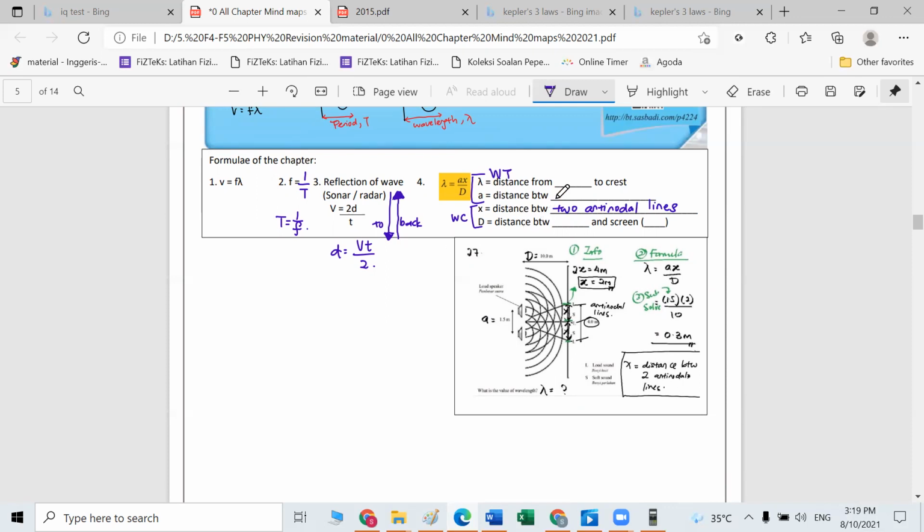Wavelength actually is the distance from crest to crest. If this is a wave, this is crest, this is crest. Crest to crest will be lambda, okay? A is the distance between two coherent sources.